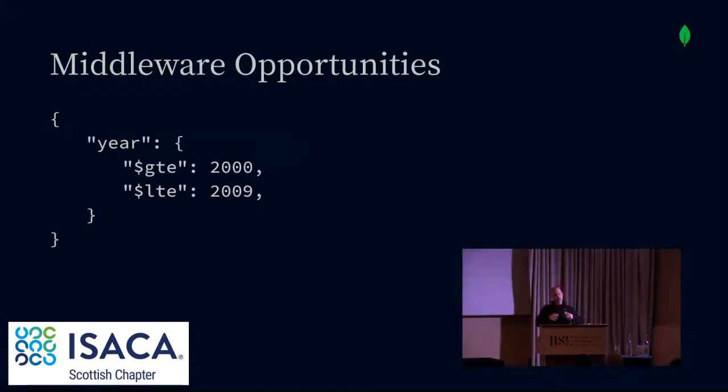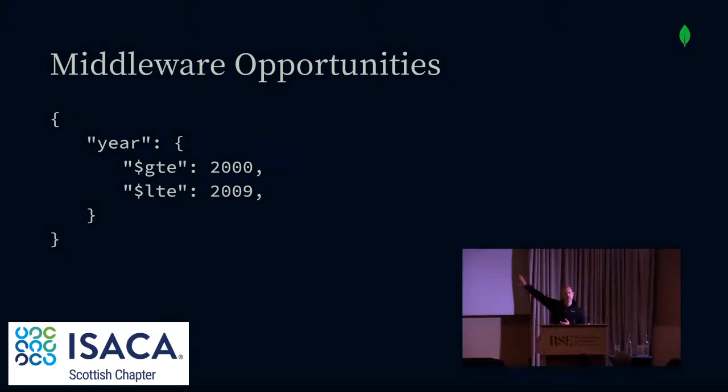And finally, I would like to talk, again, at a relatively low level, kind of developer level, there are some real opportunities for middleware here. So software that sits between your application and your database. As you're sending queries through to the database, you can intercept them and parse them. As I mentioned before very briefly, these queries are data structures.